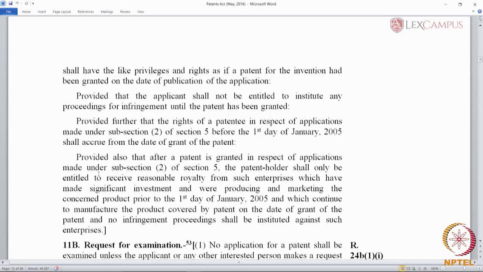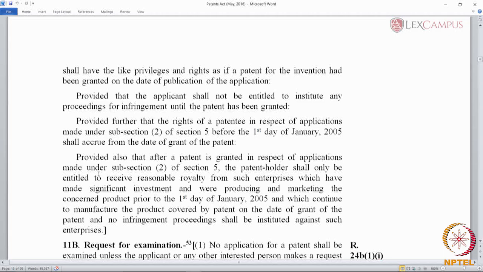Now, there are some materials which you can also find on how the EMR provisions operated, but this provision merely tells that the patent holder who files an application under 5(2) shall only be entitled to receive reasonable royalty from such enterprises, which means the relief a patentee can claim with regard to an application filed under section 5(2) is only reasonable royalty.